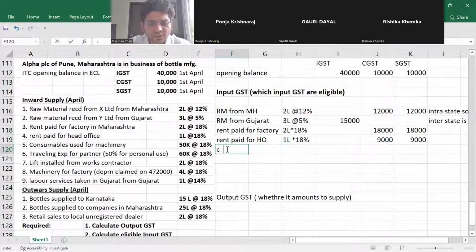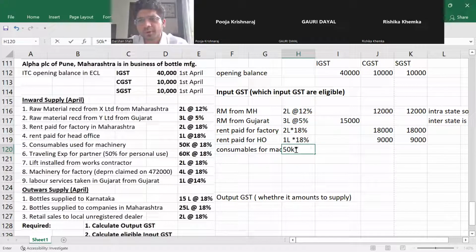Next, consumables. Consumables for machinery, they are saying. Eligible or not? Eligible. Because food and consumables, eatables, those consumables are not eligible.